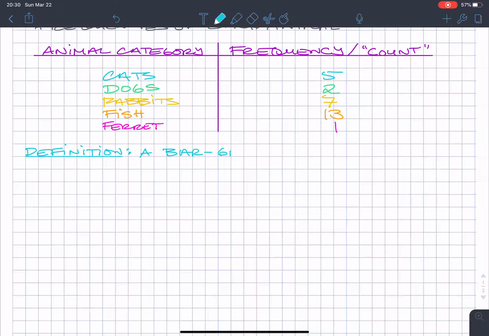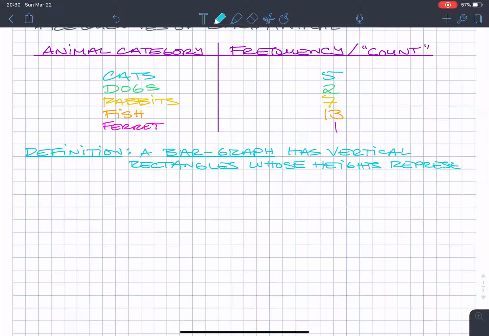A bar graph has vertical rectangles, and you'll see this in a moment, whose heights represent the categorical frequencies.